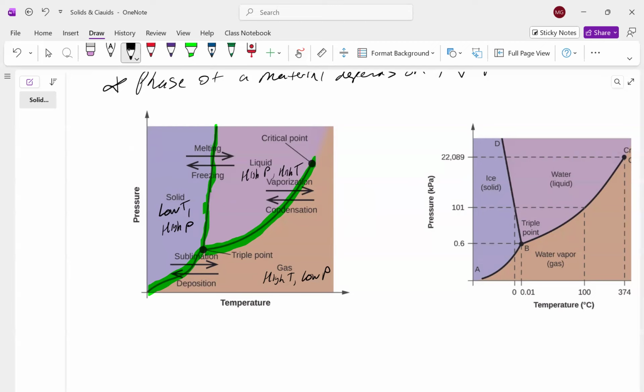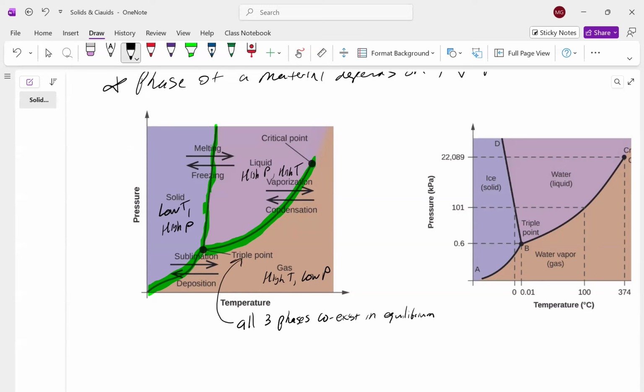Now, a couple of points that I want to highlight on this is the intersection of all three of these lines, something known as the triple point. The triple point is where all three phases coexist in equilibrium. So it's kind of this unique point. It's just one single combination of temperature and pressure where that substance will exist in all three states of matter.